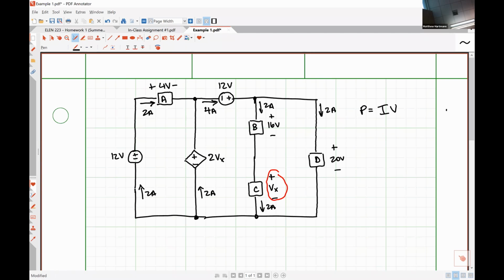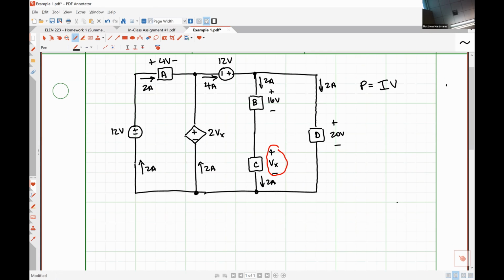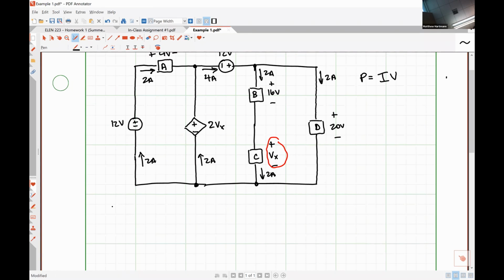So let's start by looking at our 12-volt voltage source. So the power absorbed by our 12-volt source, okay? So that current of 2 amps, does it flow into the positive polarity terminal or the negative polarity terminal? Negative. Negative, okay. So that means that the current flowing into the positive polarity terminal is going to be what?